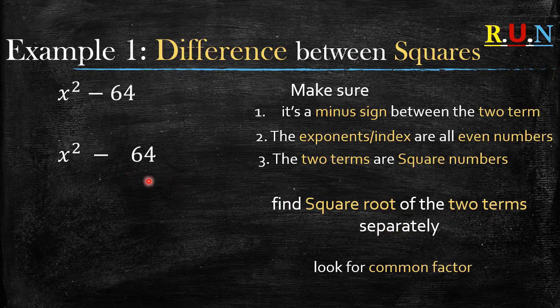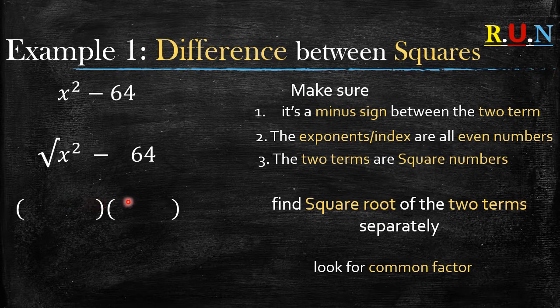Let's try doing that with our question. We find the square root of the first term, which is x squared. What is the square root of x squared? Mind you, when we write our answer when we are factorizing, we write it in 2 brackets.